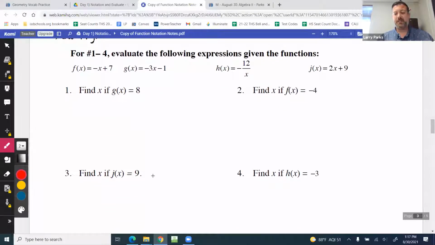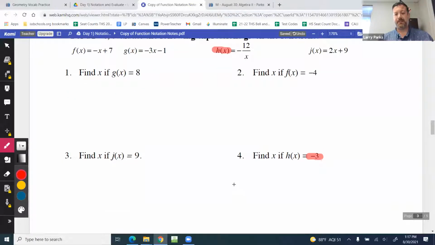So find x when h of x is negative 3. What I'm going to do is take this -3 and replace it here, because h of x equals -3. So now I get -3 equals, and then the negative sign I'm just going to bring to the top, -12 divided by x.